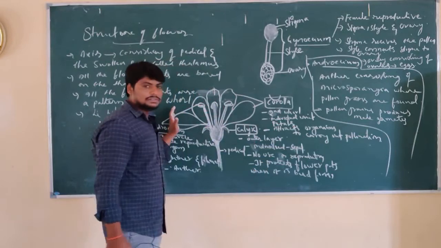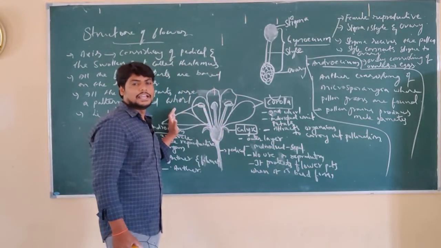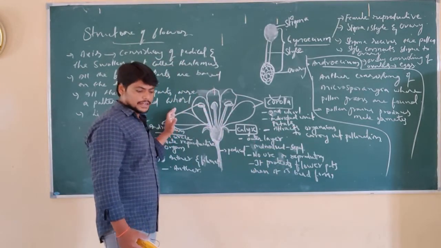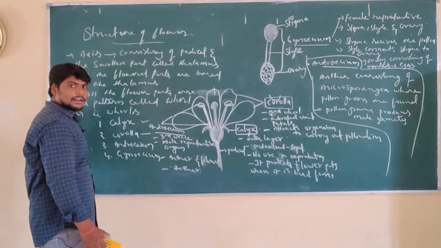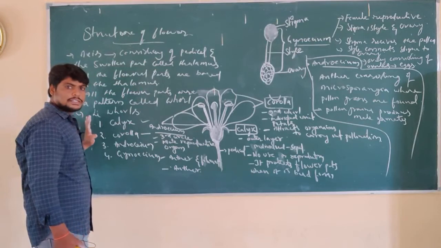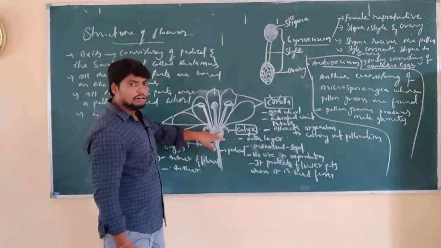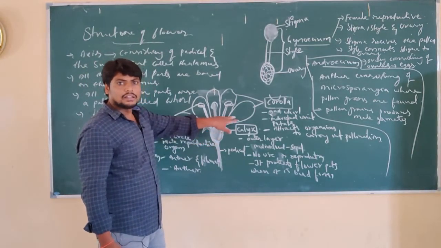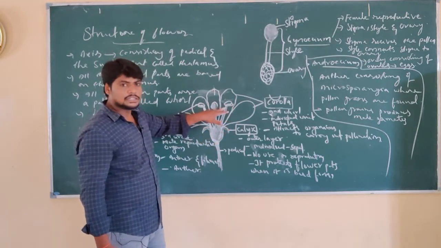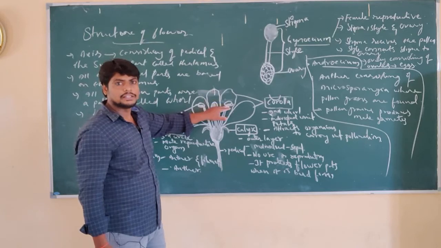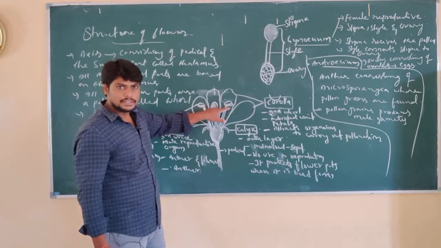This is what the structure of the flower is. Understand? Longitudinal section of the flower. The longitudinal section of the flower consists of mainly four parts. So calyx, the outer green layer; corolla, the bright colorful part of the flower. And next, the bilobe structure, what is called androecium, anther.